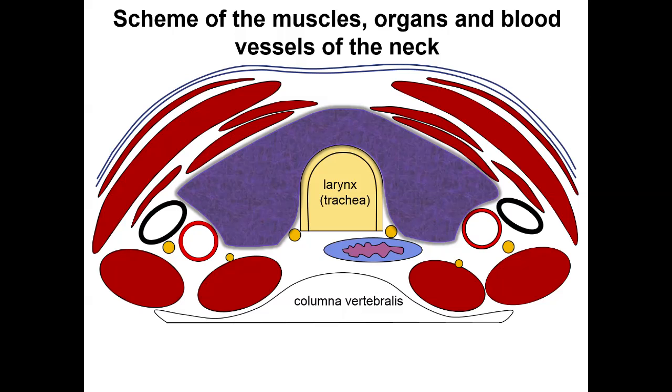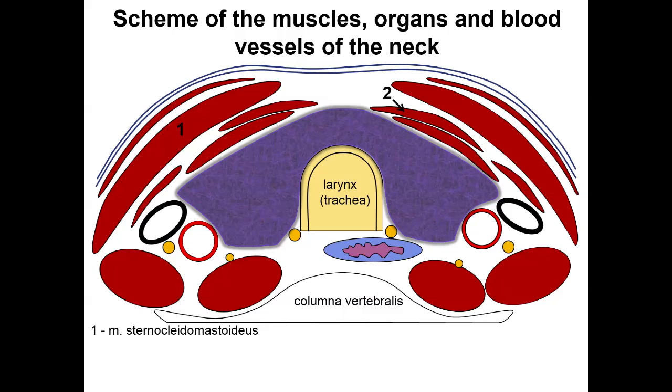And now several nerves and blood vessels. Now let's try to designate each structure. Number 1, what is it? It's musculus sternocleidomastoideus, the largest muscle in this section.